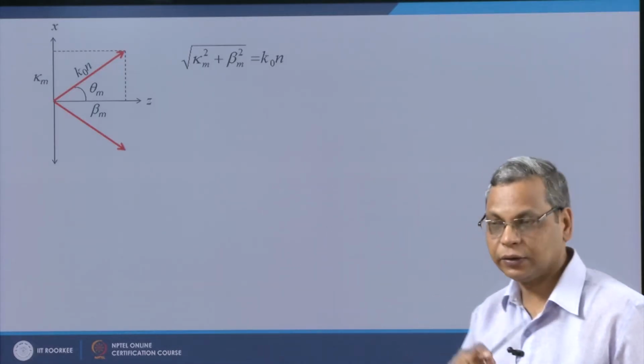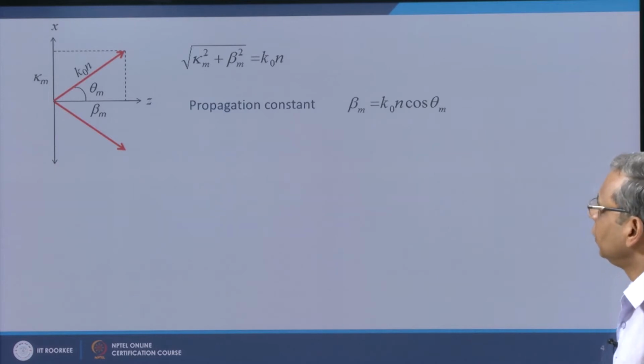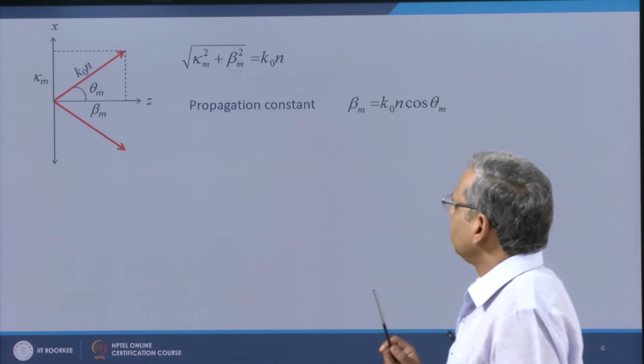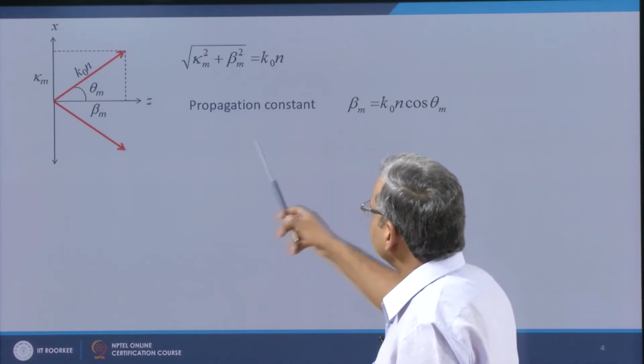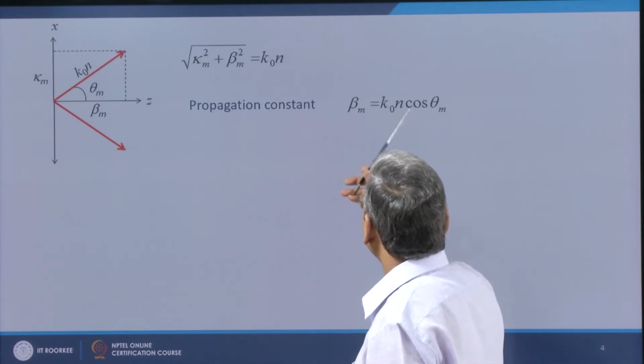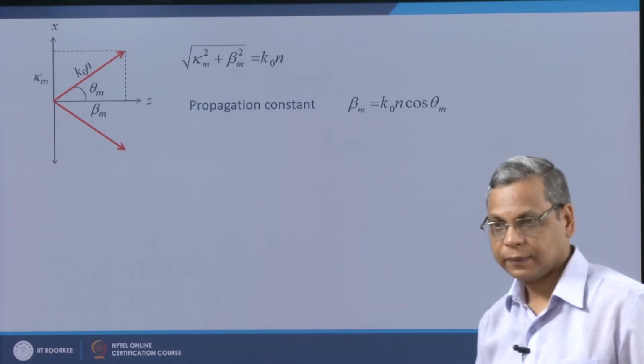So, the propagation constant in the z direction is k naught n cos theta m.